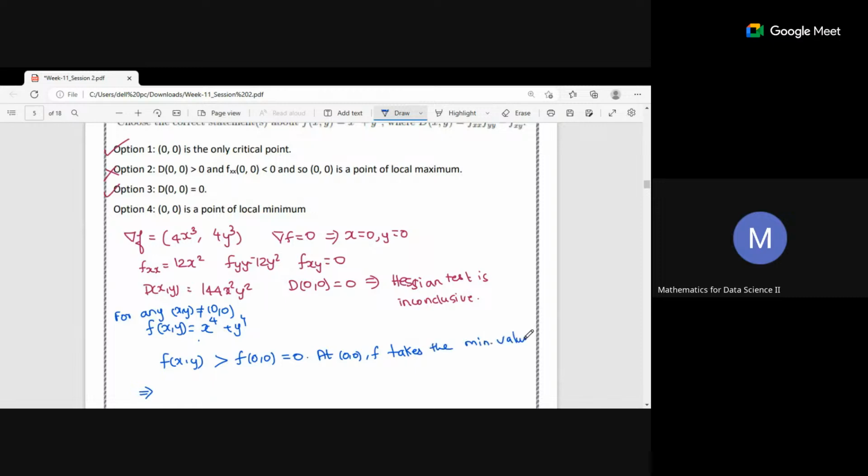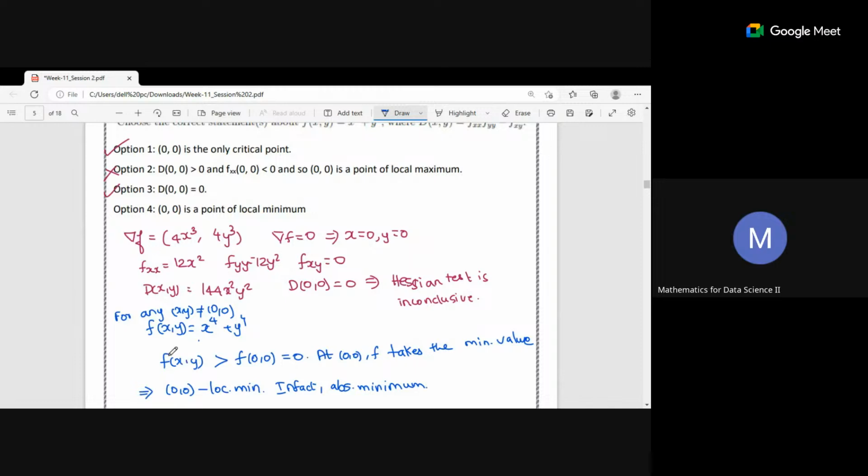So in fact here 0 comma 0 is a local minimum. In fact, absolute minimum in this case, correct? Because throughout the domain, if you take any other point other than 0, you see this is the minimum value.